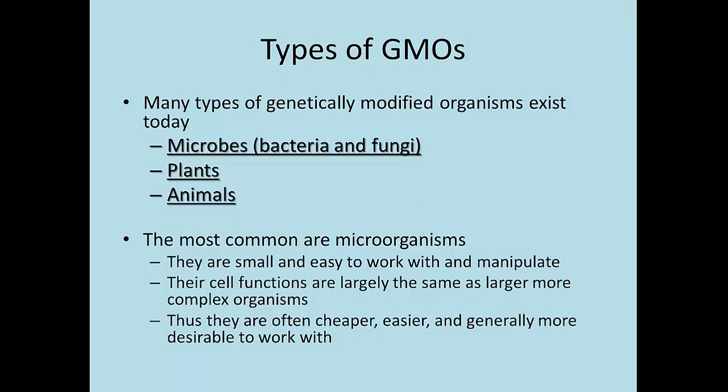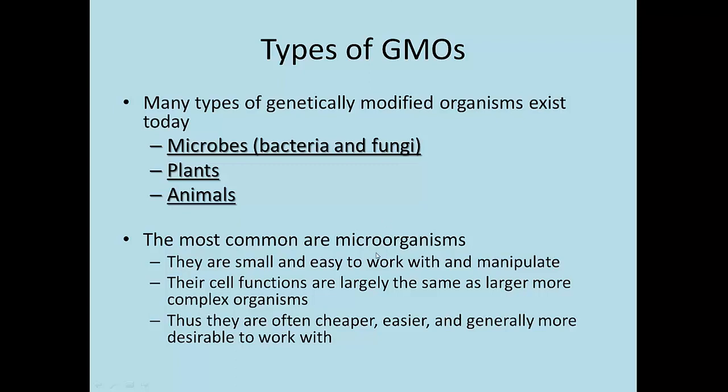At the beginning, most of the GMOs were microbial, bacteria, mostly a few fungi. And since then, starting in the 80s onward, they started modifying plants and then ultimately animals. And today we see all three types of these organisms being modified to create GMOs.